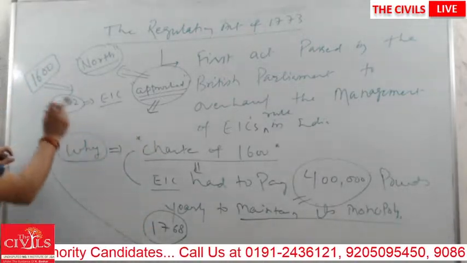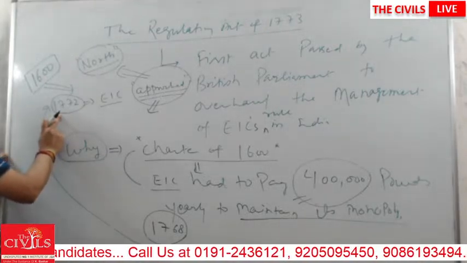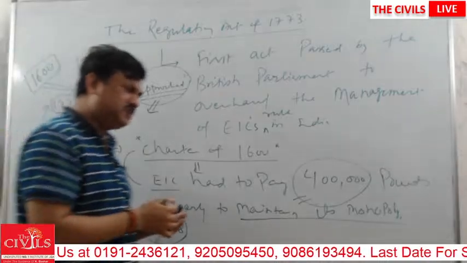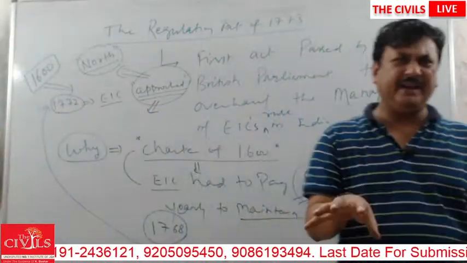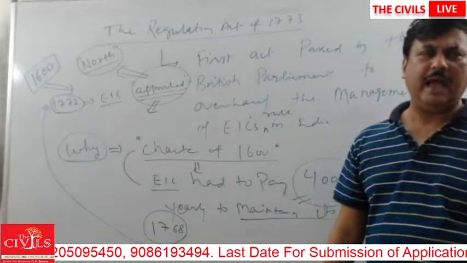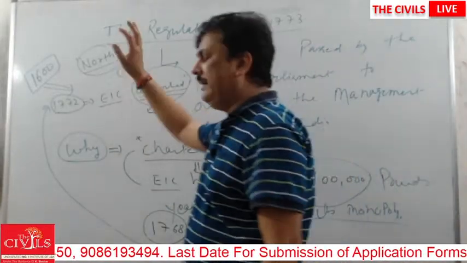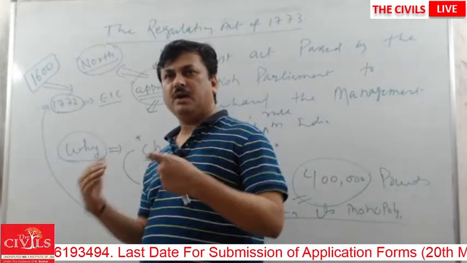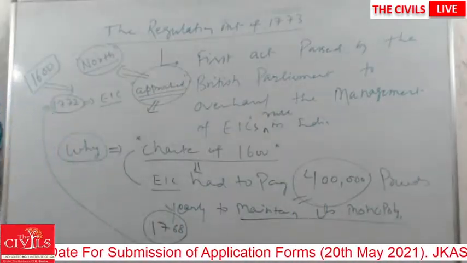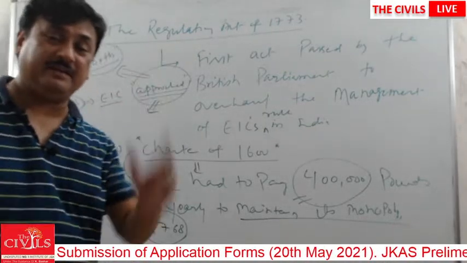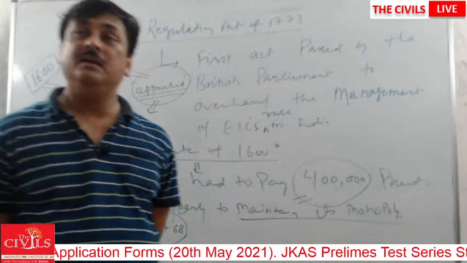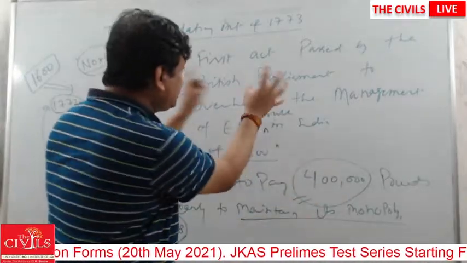And in 1772 the financial condition of the company deteriorated, and the company directors approached the North government for a loan. And this was the opportunity for the North government to interfere in the matters of the East India Company.